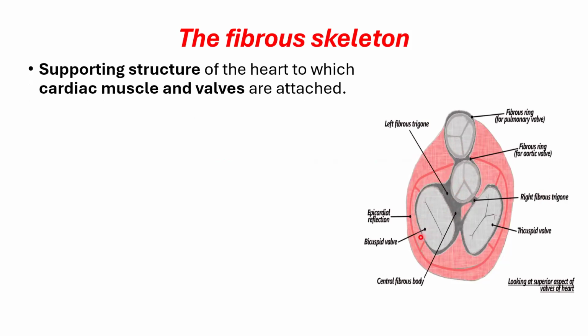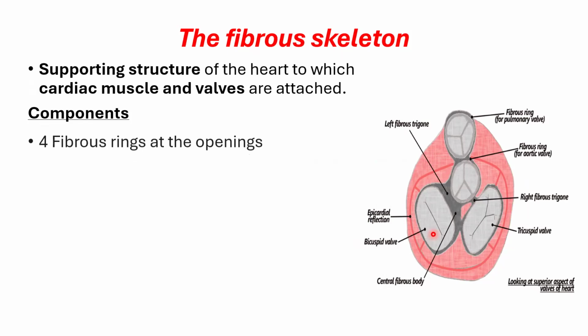So you have 4 fibrous rings: 2 between the openings of the atria to the ventricles, and 2 between the aortic and pulmonary arteries as they leave the heart.